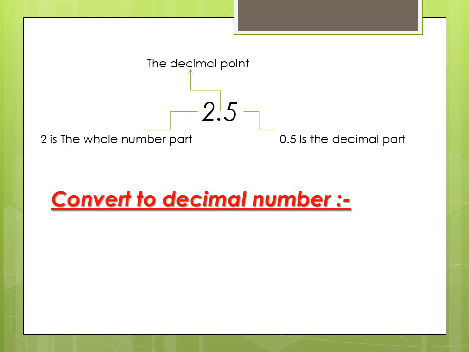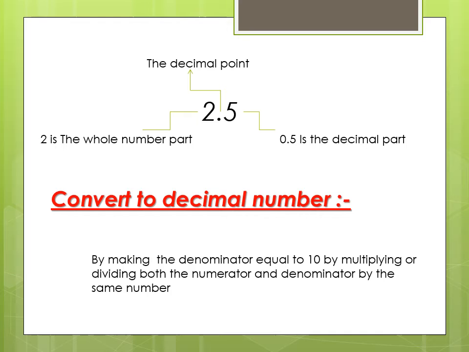Let's learn another thing about decimal numbers. If we have any fraction that doesn't have denominator 10 and I want to write it as a decimal number, we must convert it. How to convert it? By making the denominator equal to 10. How can I make the denominator equal to 10? By two ways: by multiplying or dividing.